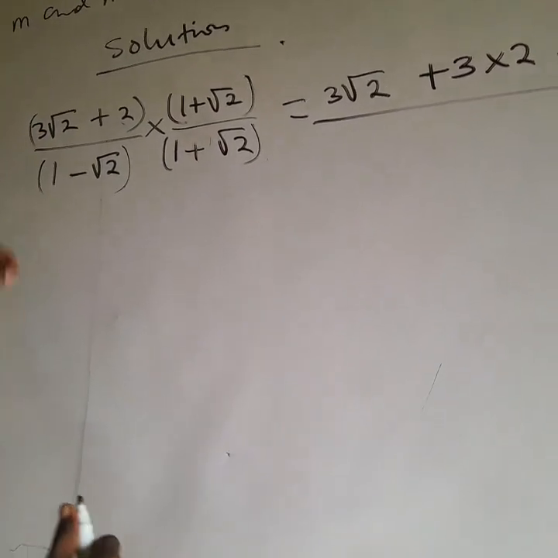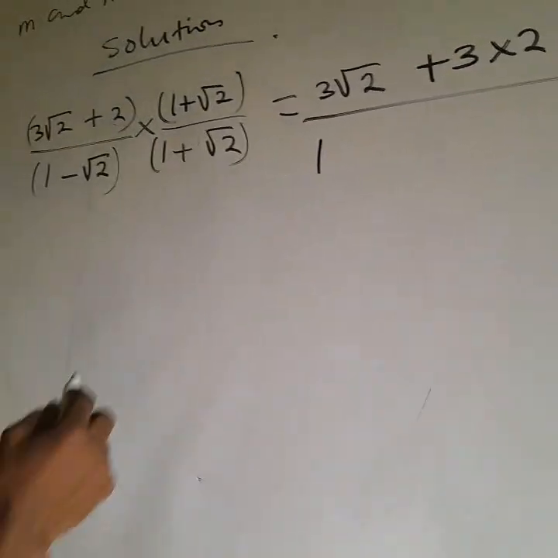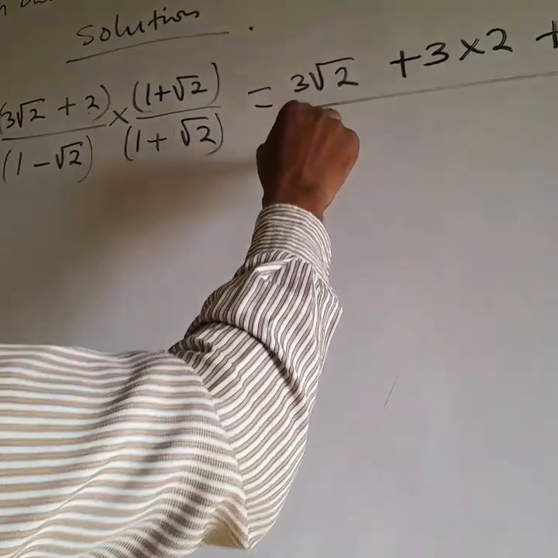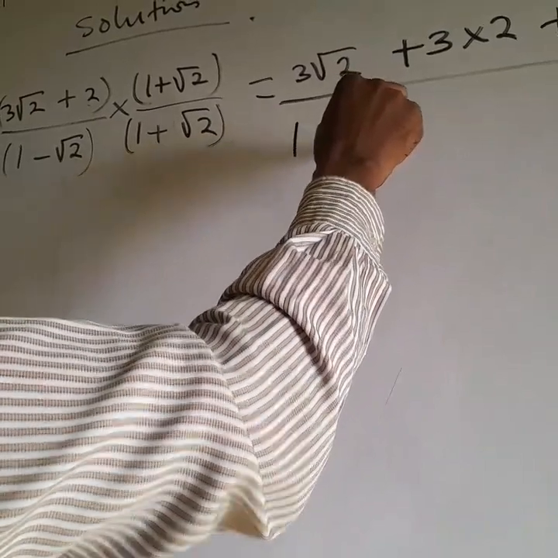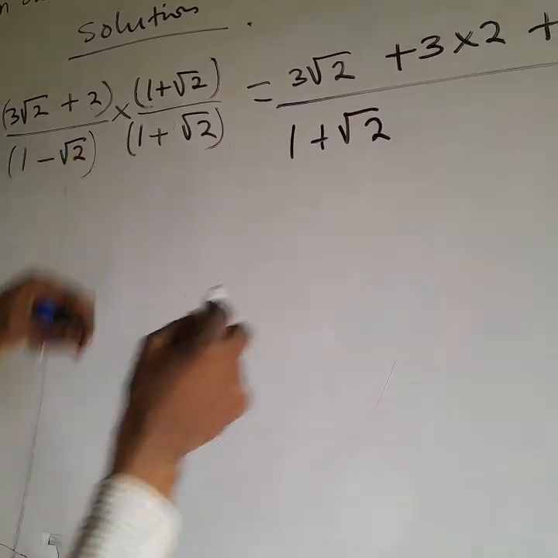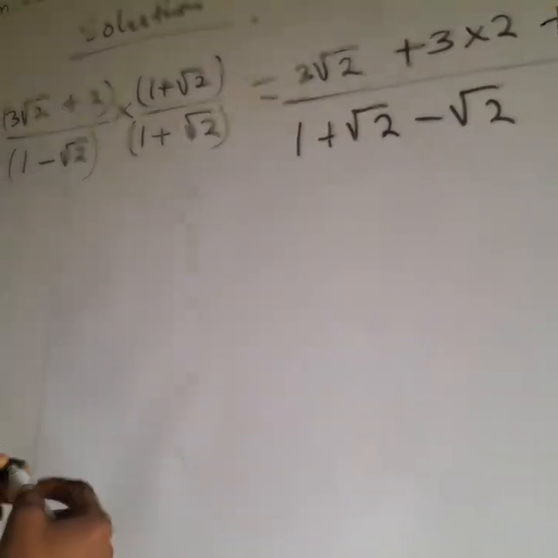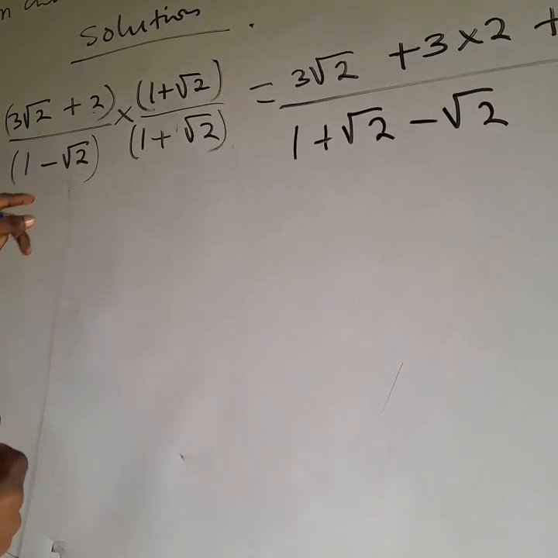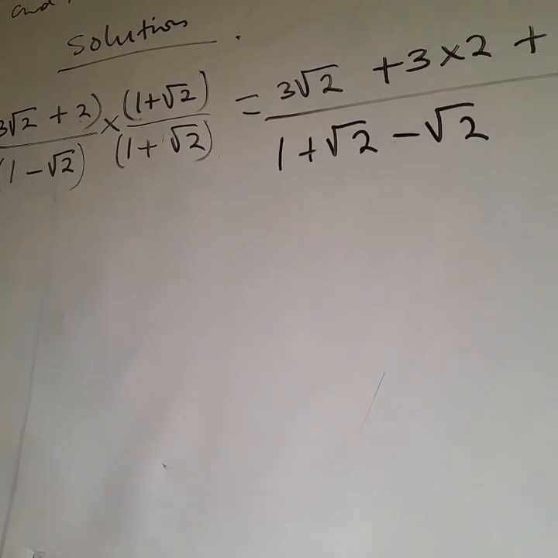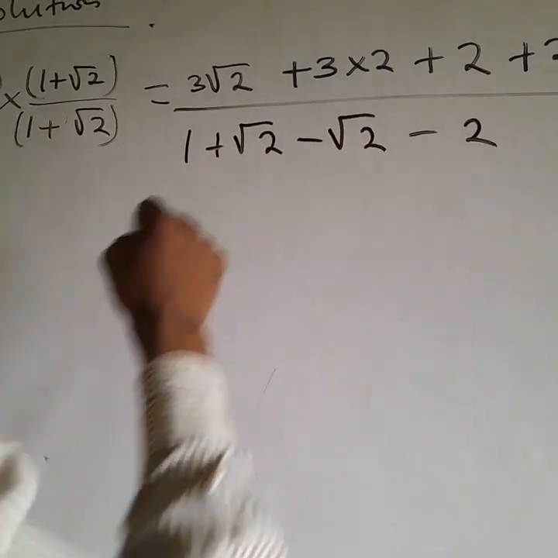In the denominator we have 1 times 1 will give us 1. 1 times plus root 2 will give us plus root 2. Now minus root 2 times 1 will give us minus root 2. Now minus root 2 times plus root 2, that will give us minus 2.